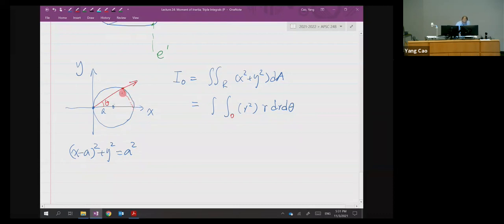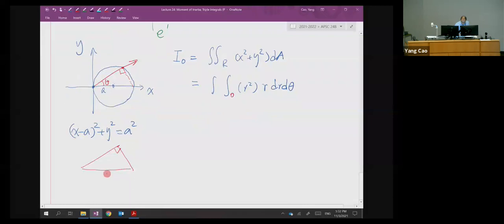Then this is going to be a right triangle, because within a circle, if you use the diameter as one side and any point on the circle to create a triangle, it is a right triangle. The hypotenuse of the triangle is 2a, and you're looking for this side, which is r max. The angle here is theta.